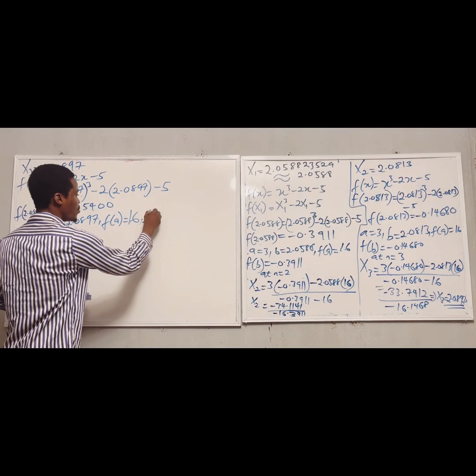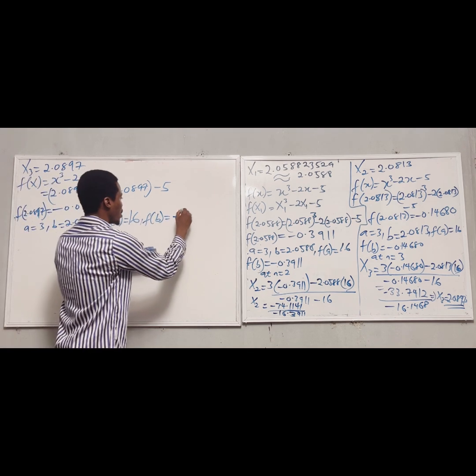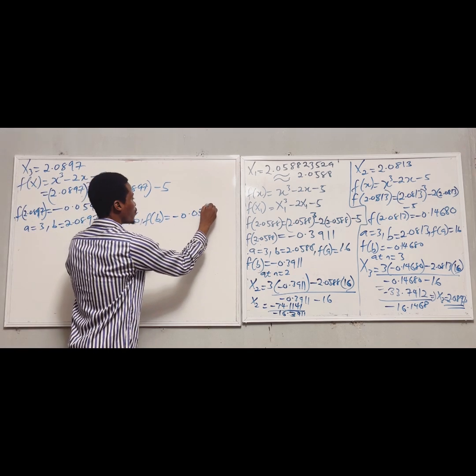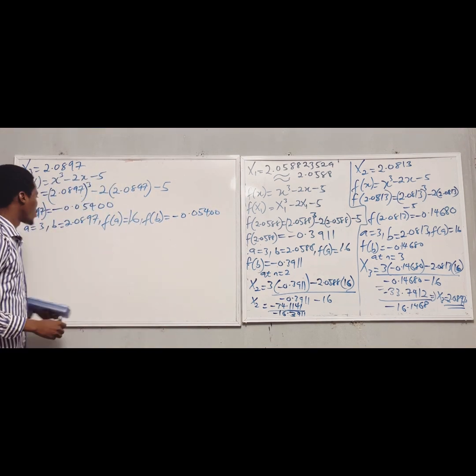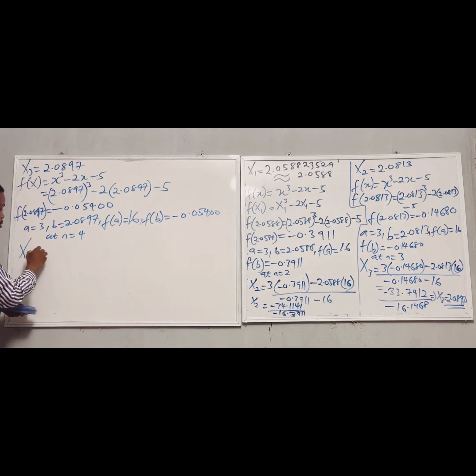So then my f of b is minus 0.05400. So I have to test for n equal to 4, so I'm going to have x4. Then remember the formula: a f of b minus b f of a. What's my a?